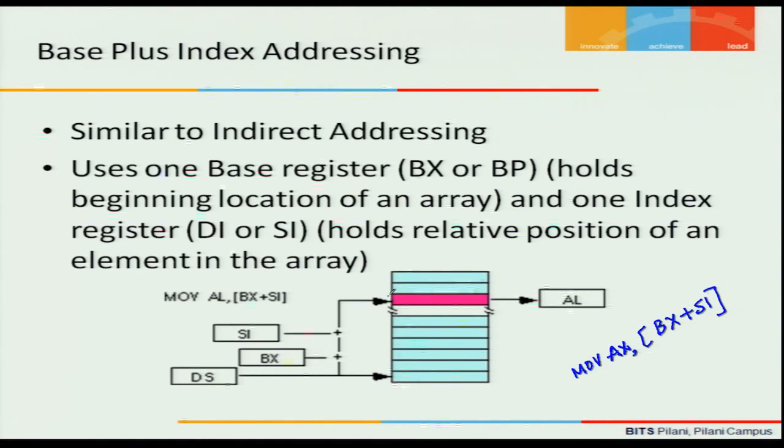I will be reading this memory location and the next memory location. So 2 bytes I will read, and after reading the 2 bytes I will shift the contents to the AX register. So it will be a word size move. So this is the base plus index addressing mode of 8086.